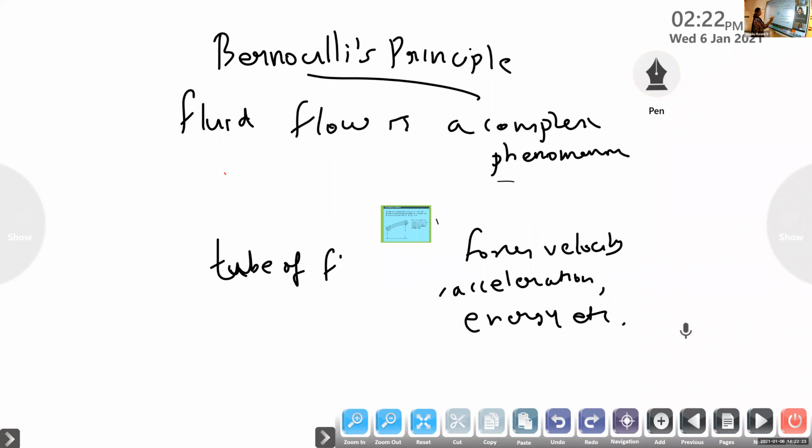Tube of flow means the flow of liquid in a pipe.